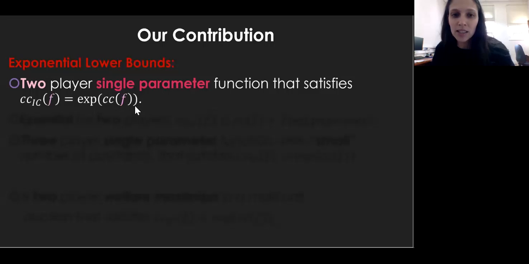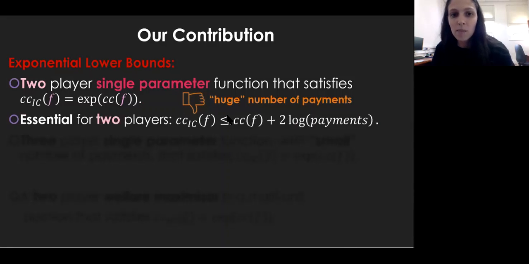Our first result is that we show that even in two-player settings, where each player holds a scalar, there exists a function with exponential overhead. But one aspect that we like less about this lower bound is that it is based on a huge number of payments. But we showed that it was essential for 2 players.